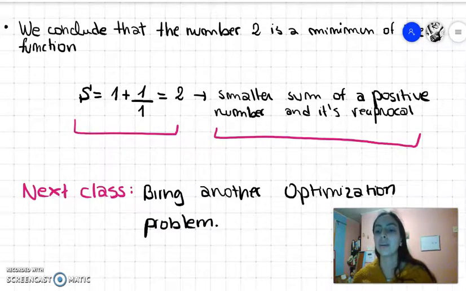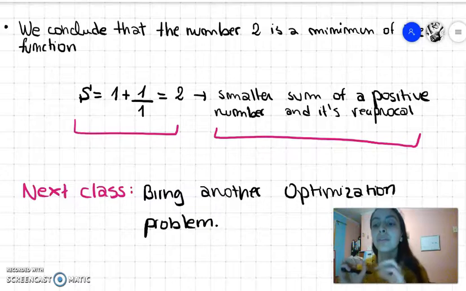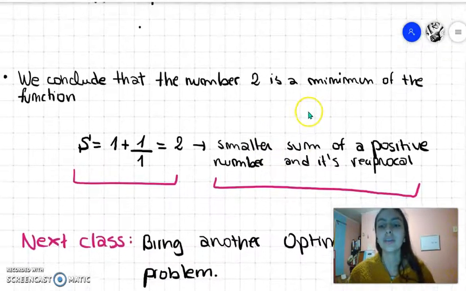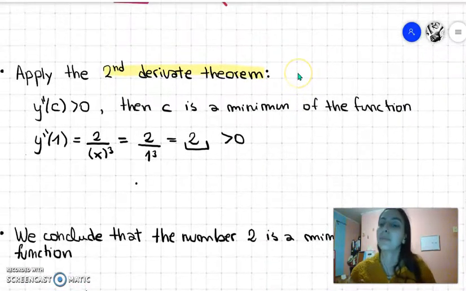And well, we cannot do all the optimization problems in class, but we can choose some interesting problems that all of you bring. We're going to decide it as a group, we're going to vote, and we're going to work on them only by using the second and the first derivative theorem.